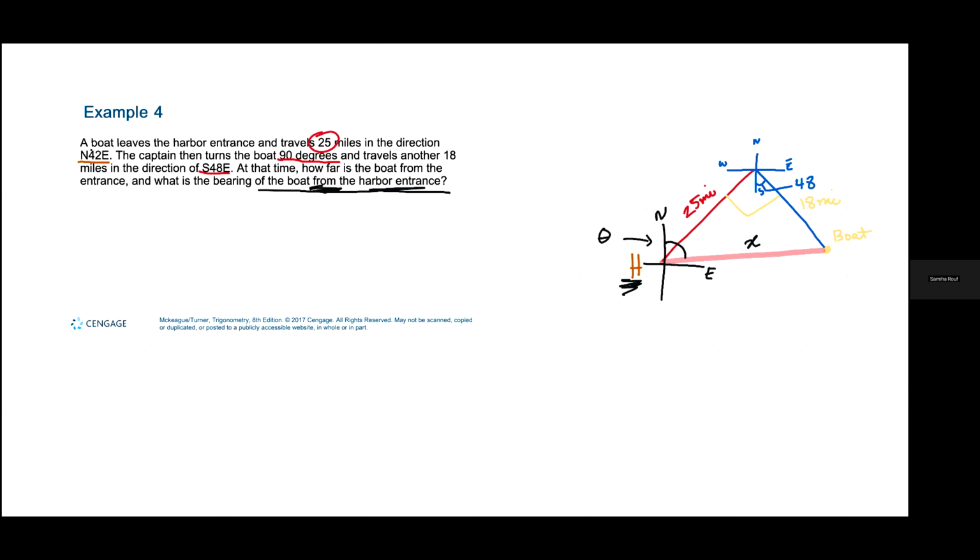Now, if you recall, in the beginning of this, it told us that the boat started traveling 42 degrees. So this first angle that was created, the bearing, just this tiny little portion right here, this one right here.